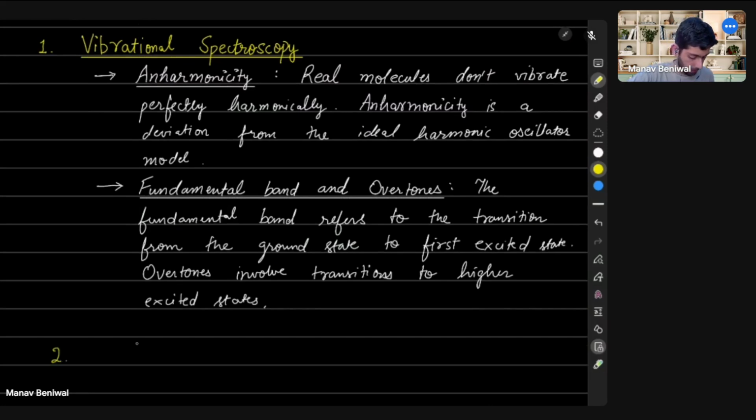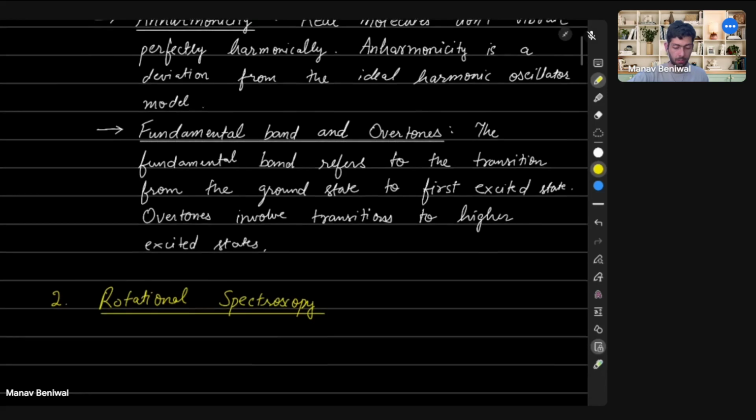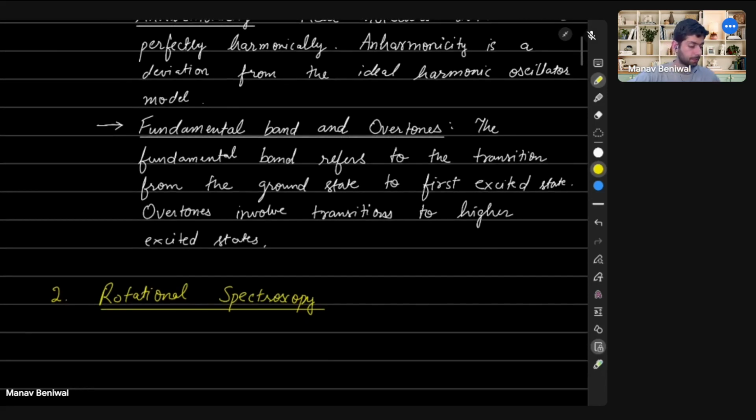Similarly, we also have rotational spectroscopy. Just like vibrational spectroscopy studies the vibrational modes and the vibrational energy level transitions, rotational spectroscopy involves study of rotational energy levels in molecules.